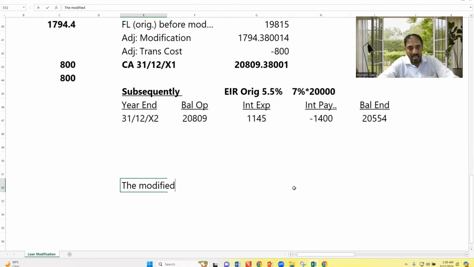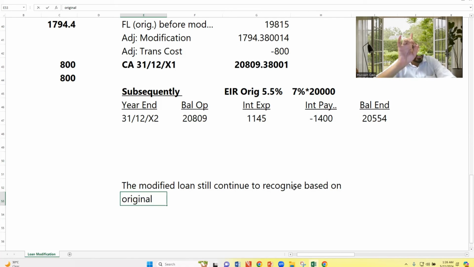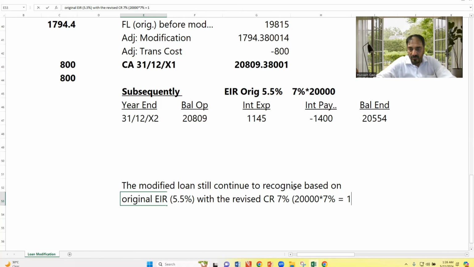The important point that needs to be described here is that the modified loan still continues to be recognized based on the original effective interest rate, that is 5.5%, with the revised coupon rate, that is 7%, and that equals 20,000 multiplied by 7%, which is 1,400.